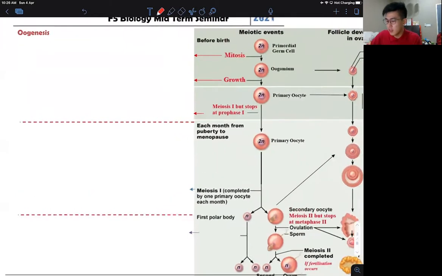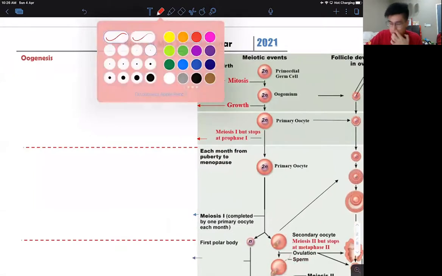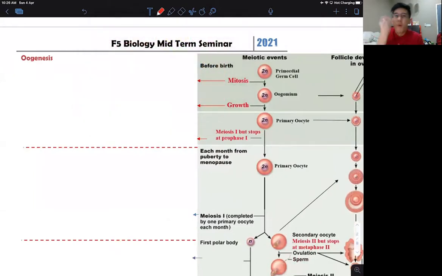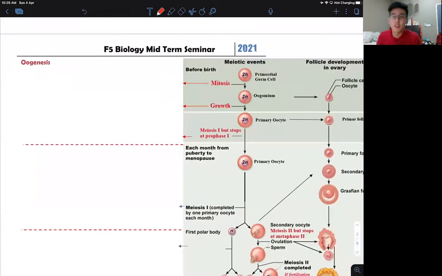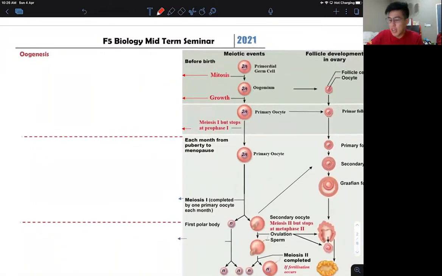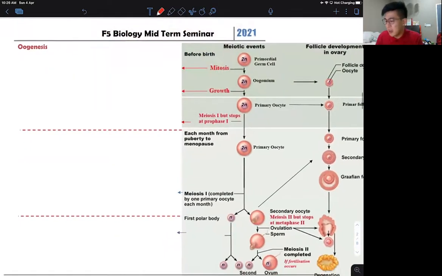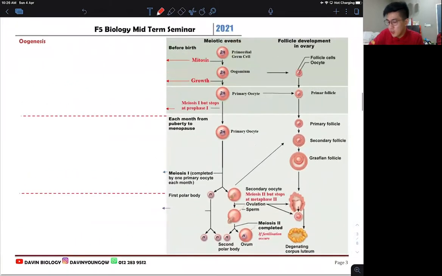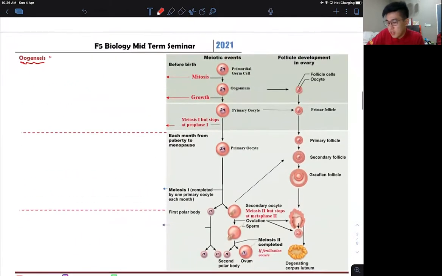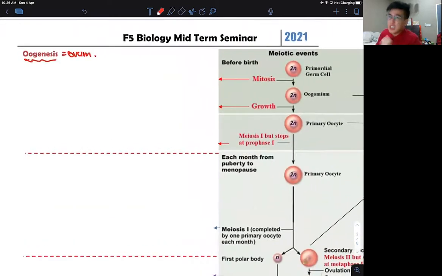In real life, girls are always slightly more troublesome, they want more things, right? Because the formation of gamete is also a bit extra. Kidding, don't hit me now. So oogenesis basically is the production of ovum. That's how we pronounce it, oogenesis.